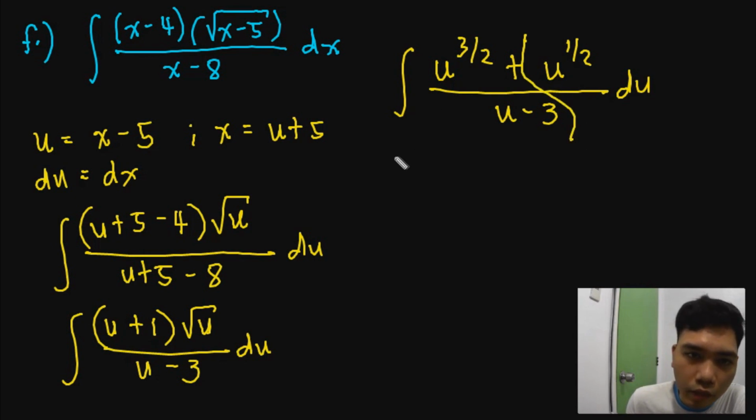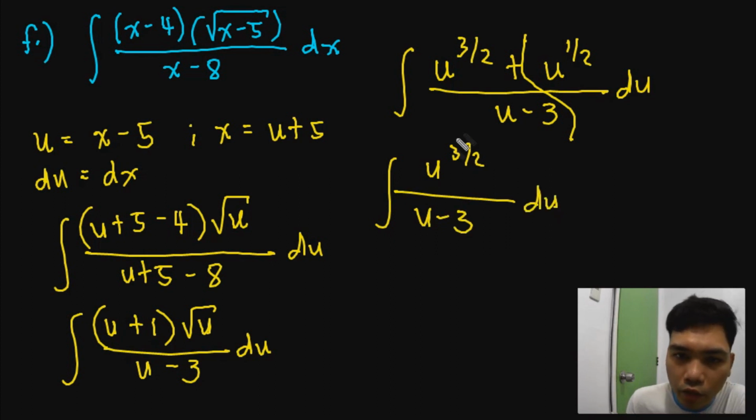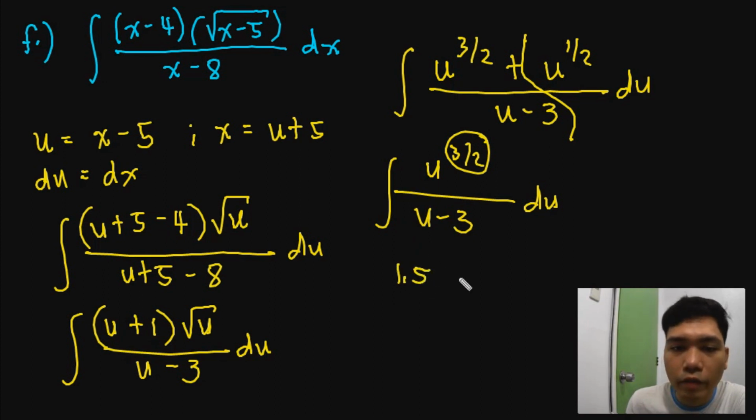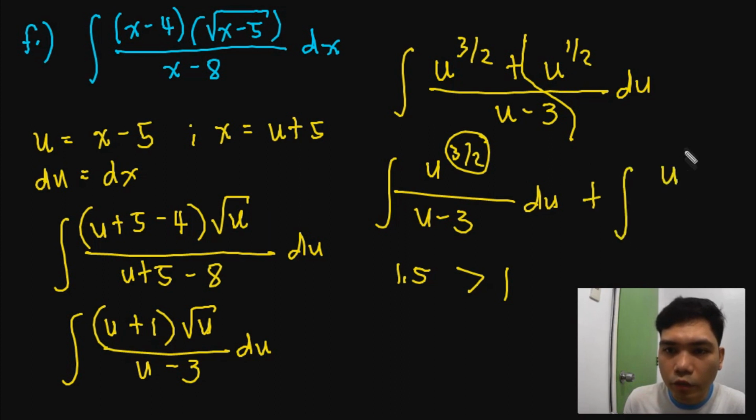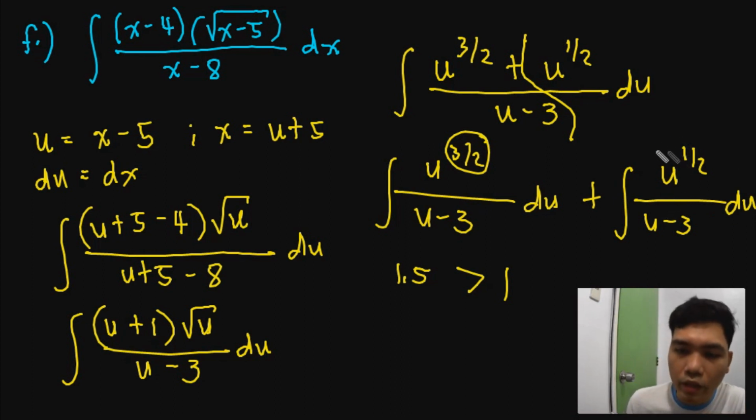The numerator has degree 1.5, which is greater than the denominator's degree of 1, so this rational expression can be integrated using long division. But how about the integral of u raised to 1 half over u minus 3 du? We know very well that this doesn't actually conform with any rule in the fitting integrand.